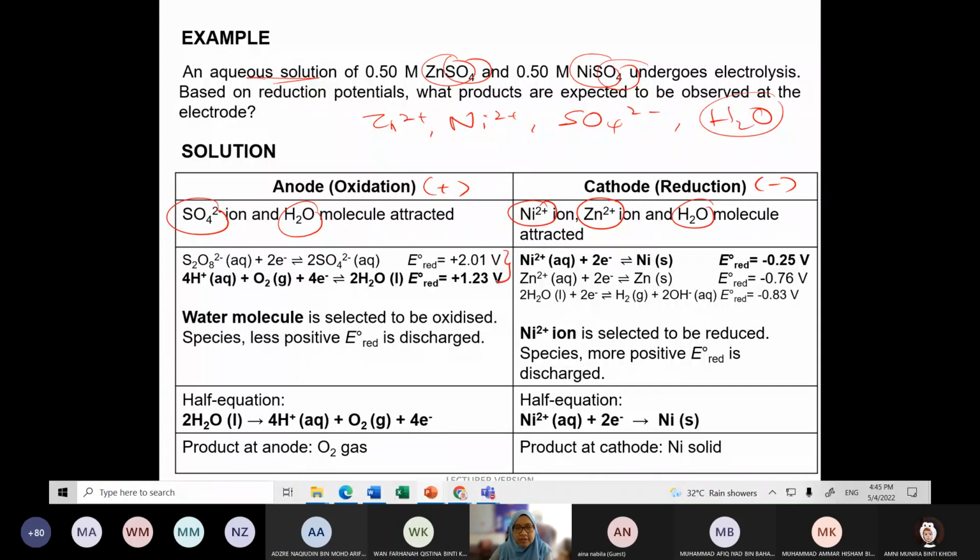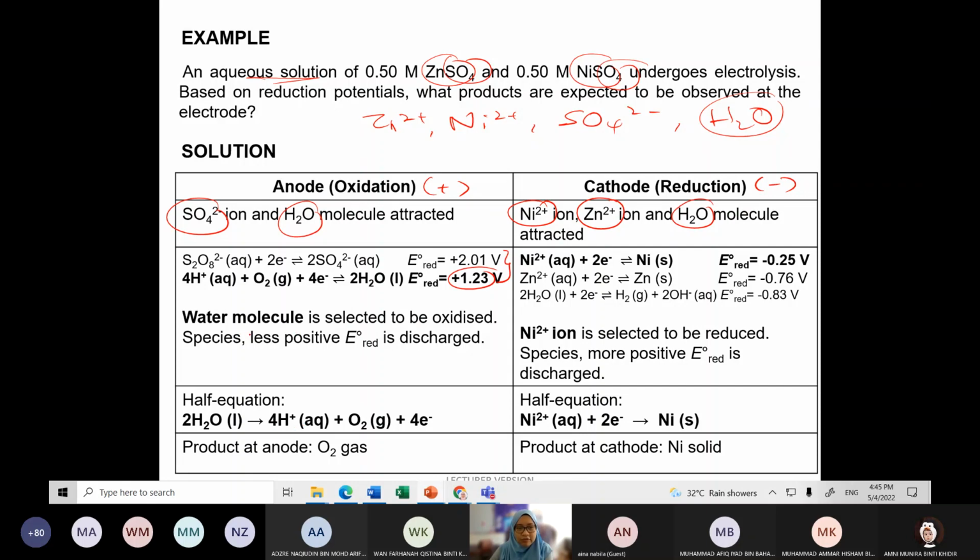Again, as usual we select based on the reduction potential. For the anode we choose the one with the more negative value, or less positive. So this is less positive than 2.01. Therefore water will be discharged.